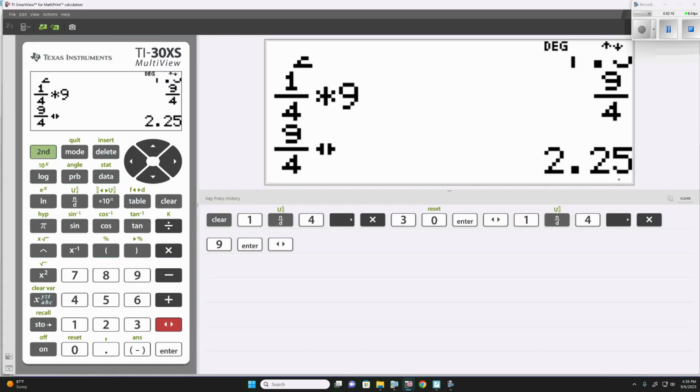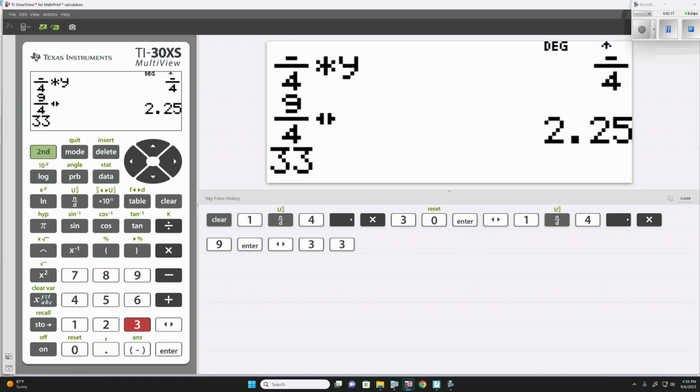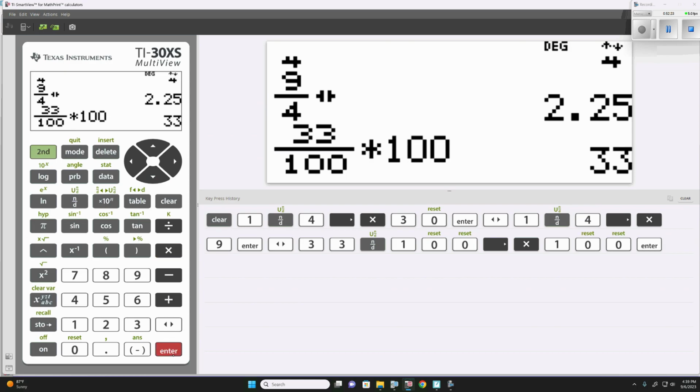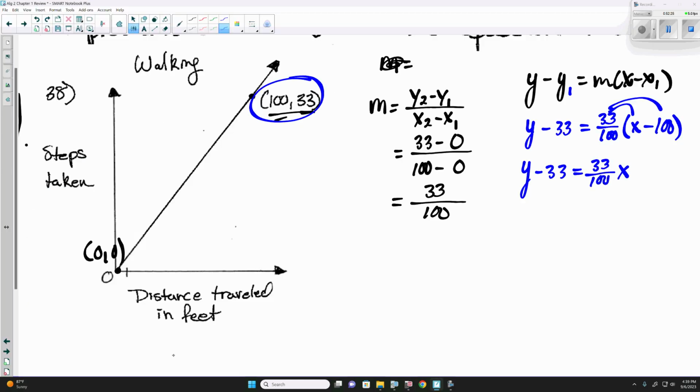Now if we need to, we can do 33 over 100 times 100, which is 33, and it would be negative. Now at this point here, we can get y by itself because we do need to get y by itself to have the equation of a line.